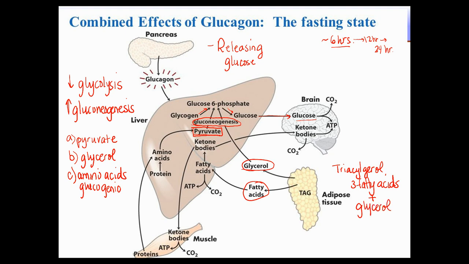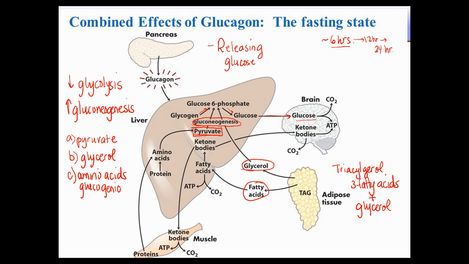So the fatty acids get split apart by lipases. The glycerol will ultimately end up in the liver, and it is a good fuel. It also can be converted to glucose through gluconeogenesis.